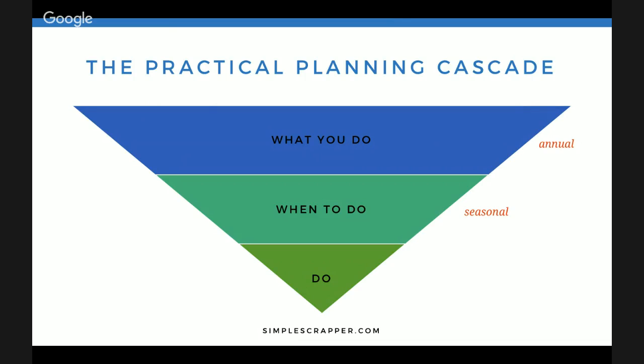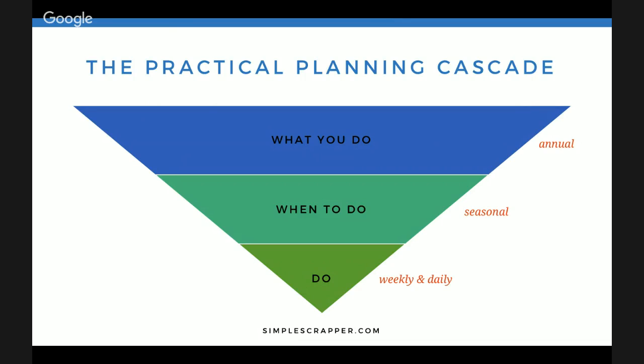Because when we take an annual approach to planning, it doesn't always work out, because our enthusiasm is greatest at the beginning of the year. So by the time the end of summer rolls around, we barely even remember what we'd planned to do at the beginning of the year. So by looking at your plans every quarter, every 3 months, you're able to gauge your personal energy, your enthusiasm, what's interesting to you, what's going on in your family's life, and better determine what should be on your plate right now and what shouldn't be.